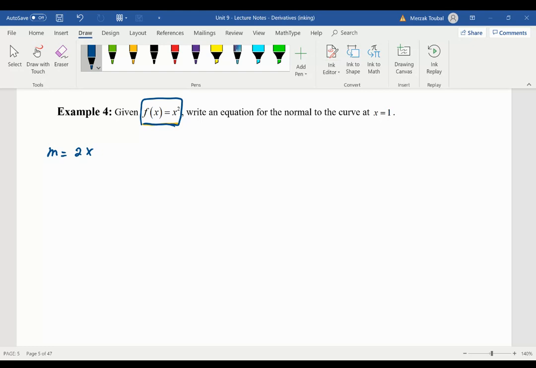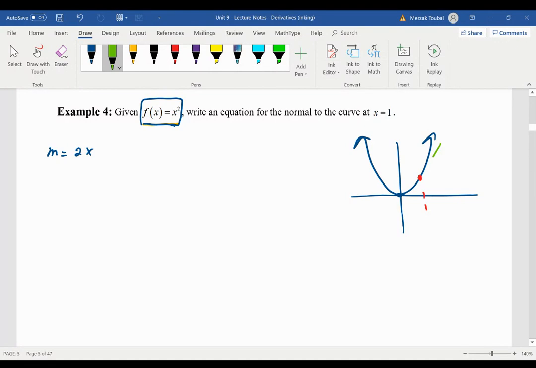This is the curve, and this is at x equals 1, and the tangent line will be this. The normal line will be the perpendicular line. If I can determine the slope of the tangent line, then I can determine the slope of the normal line. So this would be normal, and the green would be tangent.